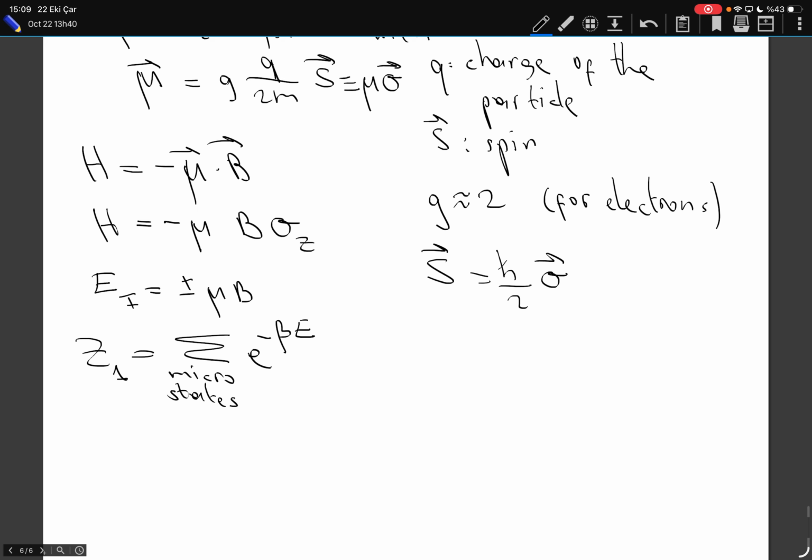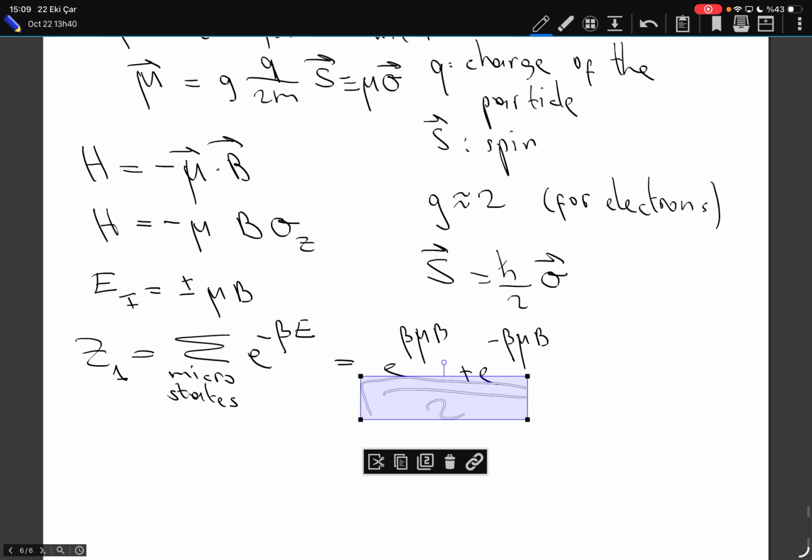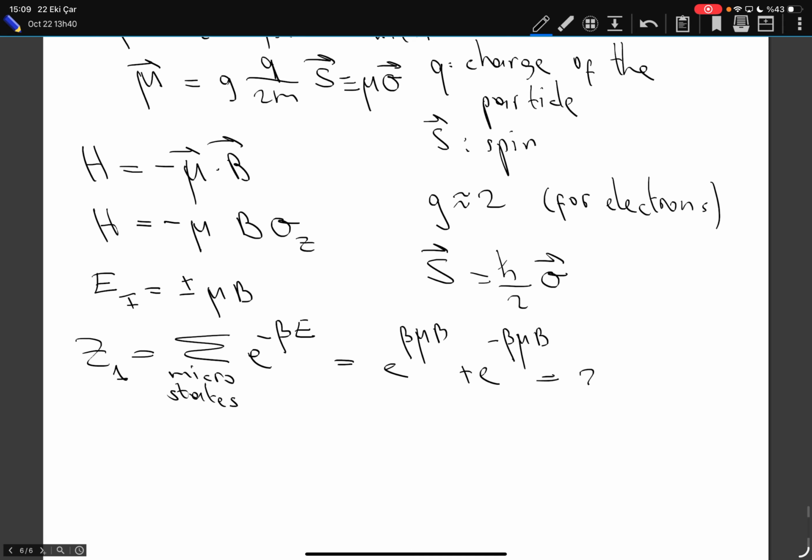Well, the energy can take two values, so this will be just e to power beta mu B plus e to power minus beta mu B, over 2. So twice cosine hyperbolic beta mu B. This is the partition function of one electron.